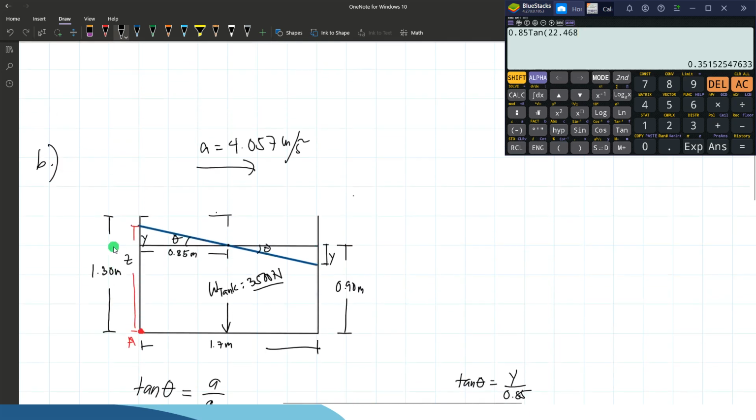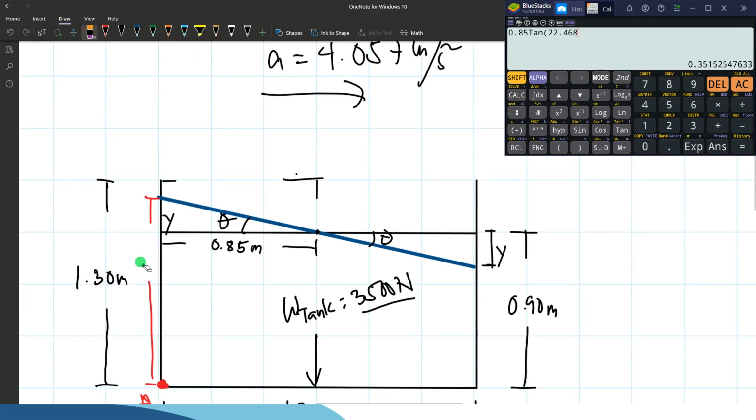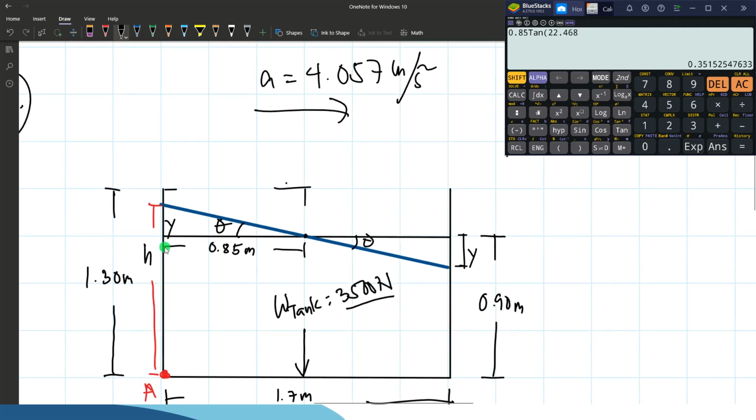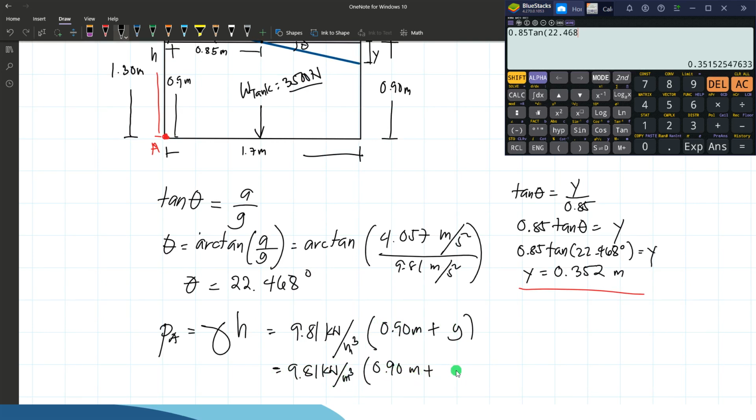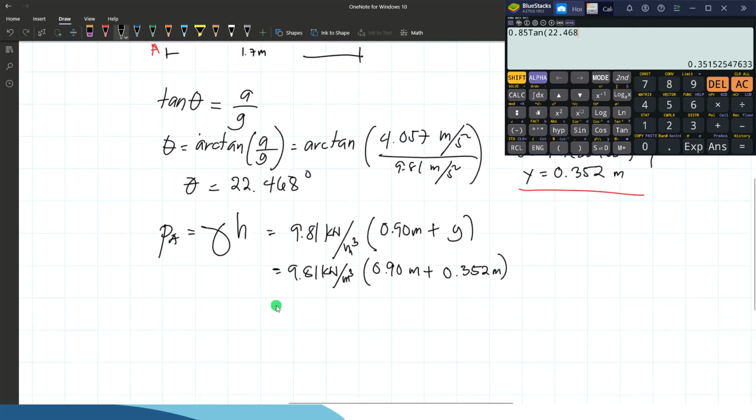For the total depth, we use simple Z. Let's replace this by H. This total depth H here is just the sum of the initial depth, which is 0.9, and distance y. So that's 0.9 meters plus the distance y. Let me rewrite that again. 9.81 kilonewtons per cubic meter is multiplied by 0.9 plus 0.352 meters.